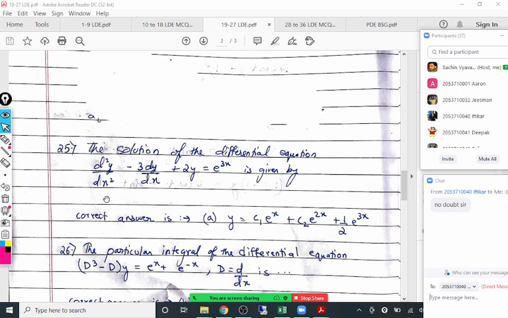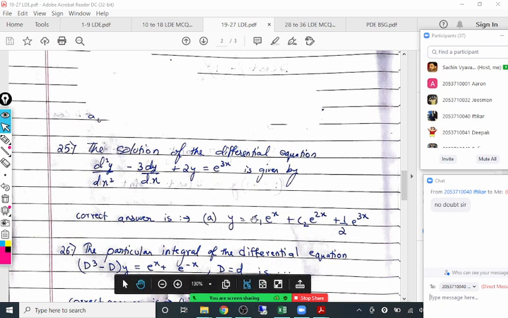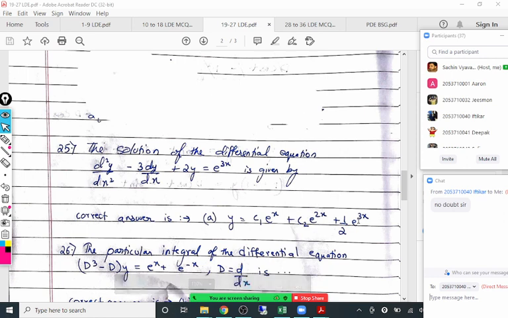25th, the solution for this is a second order differential equation. Now this question has both CF and PI. So if by chance a question comes like this, you observe this first part: the first two terms give us the CF, and this last part is the PI. So you have to calculate everything, for 1 mark, for 1 MCQ.